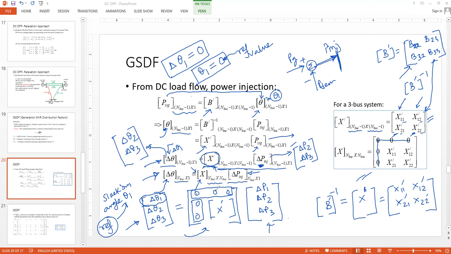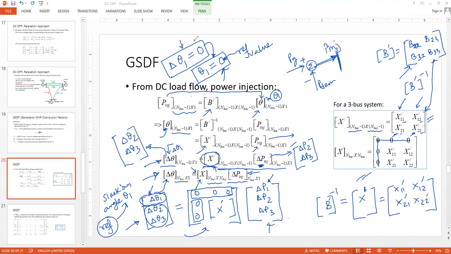Okay, so this is the reason why all these entries are 0. It means that even if we inject additional power, or if we reduce the injection of power from any of the buses, it should not affect the value of del theta 1. However, it should affect the other remaining angles of my network. So these added entries are kept as 0 to make sure that del theta 1 is 0, which ultimately means my theta 1, the reference angle, remains at its original value of 0.